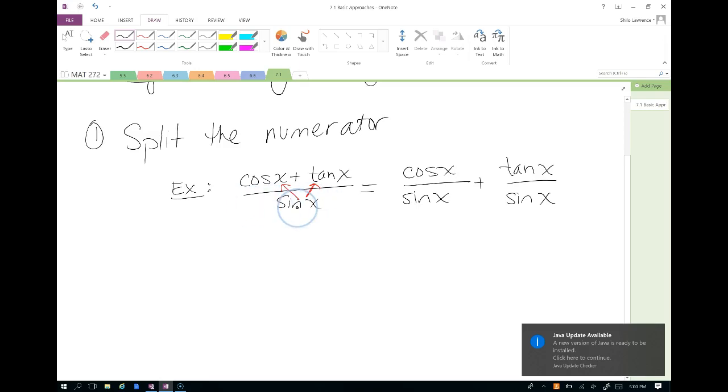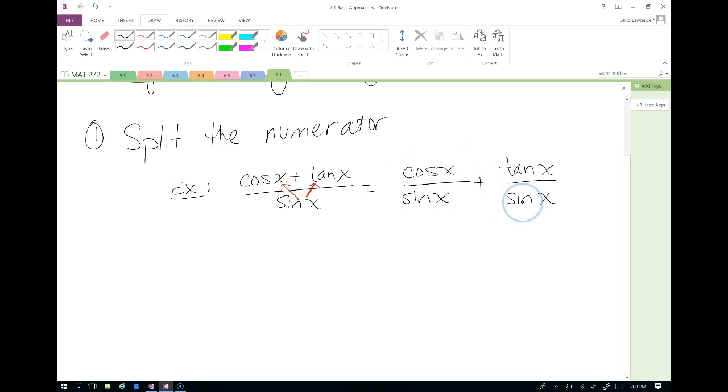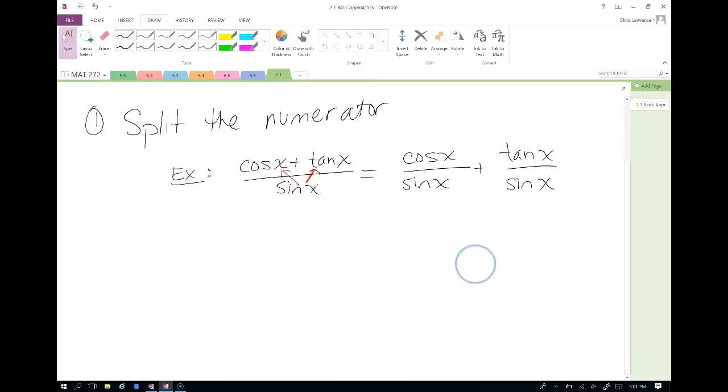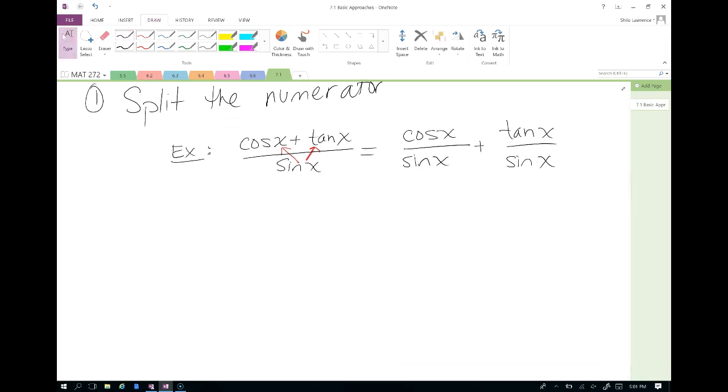You are not allowed to split up a denominator. If you think back to what the rules for adding fractions are, if the denominators match, you are allowed to add the numerators. So that goes back to just algebra rules with how we combine fractions. We can split apart our numerator into two separate fractions and then simplify this.